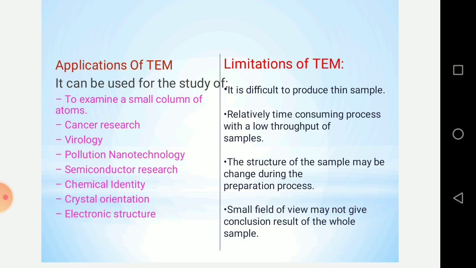It can even focus on a particular atom and examine the structure of that atom. It is also widely used in cancer research. As already taught, cancer cells are continuously dividing cells, so we can take a sample of cancerous tissue or cells and see its structure using the transmission electron microscope.